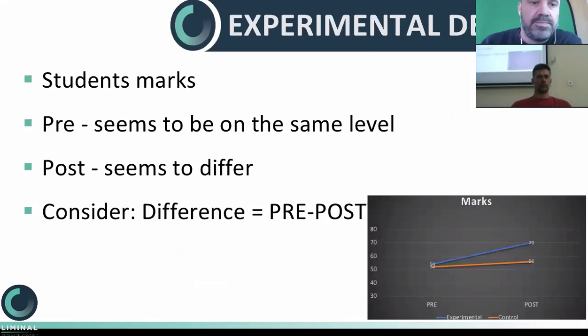Okay, then we talked about this just now. Say, for instance, you look at student marks and this chess instruction. So there's the pre for both the treatment and the experimental group. The experimental group got the instruction. You can see the control went up a little bit, but the experimental went up a lot.